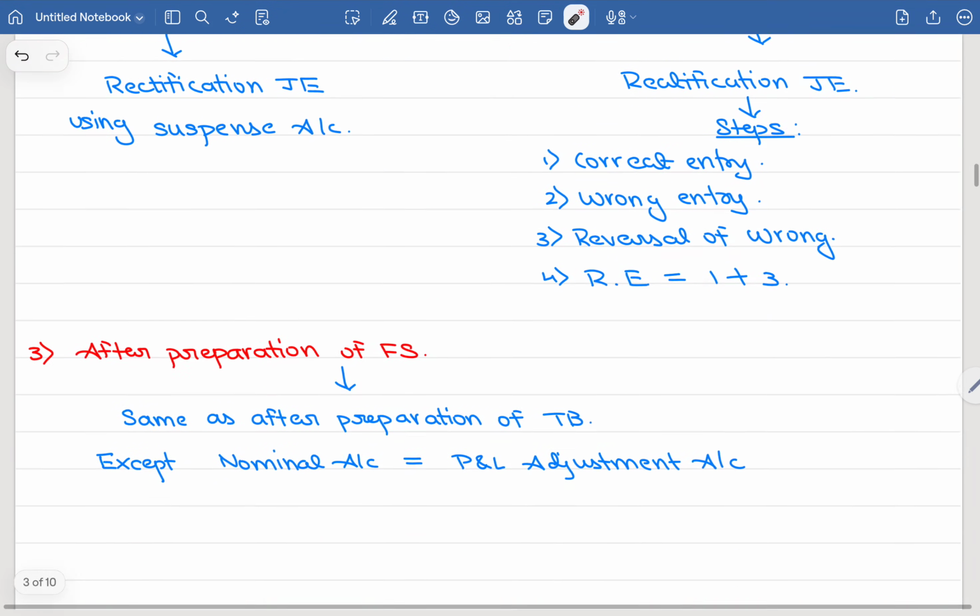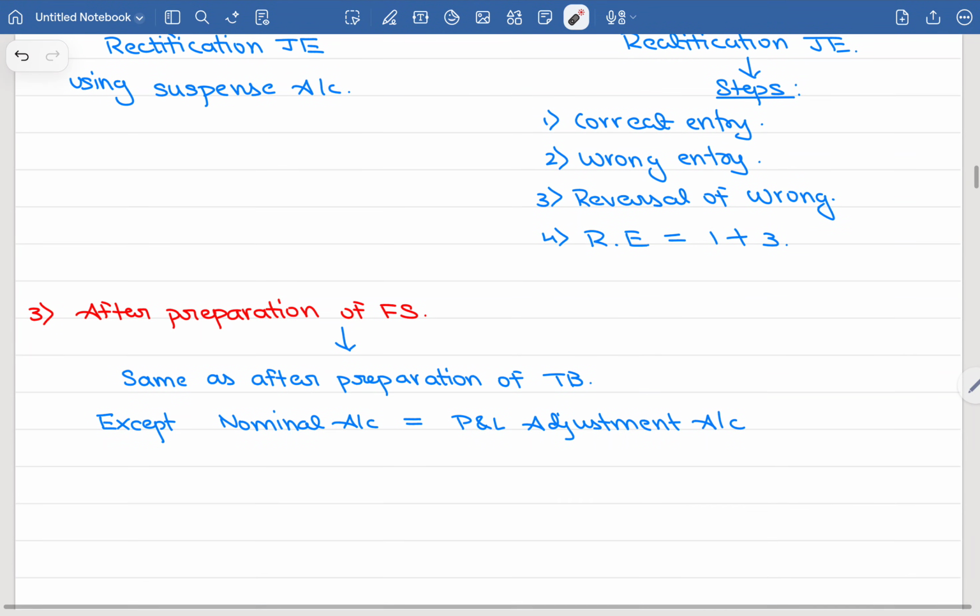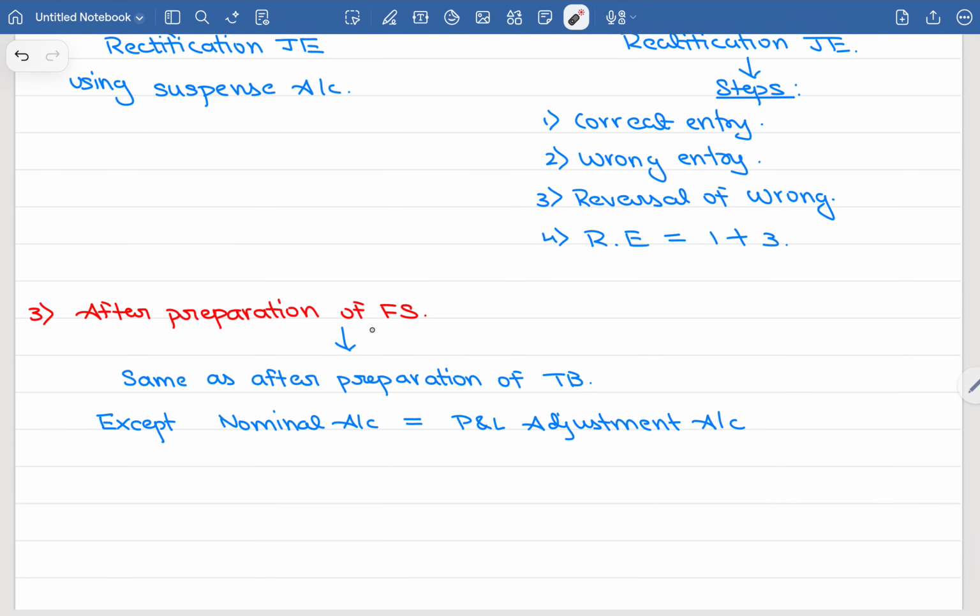Then last stage of rectification of errors is after preparation of the financial statements. That is, already we have prepared the trading account and then P&L account and then balance sheet. In your trading and P&L account, all the nominal accounts are transferred to trading P&L and they are closed.